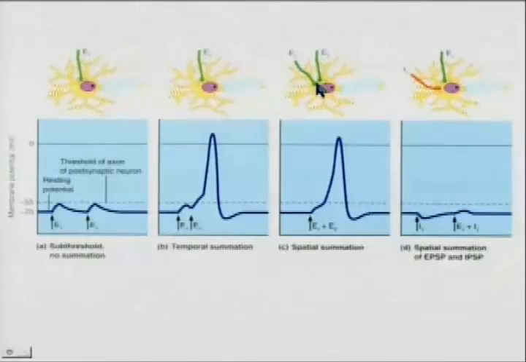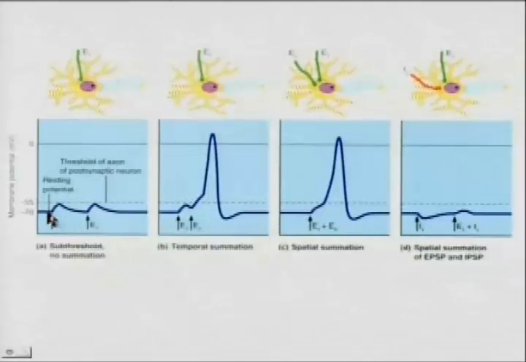In this case we're looking at an excitatory input and an inhibitory input onto the soma. So we see with this time separation, and of course time is on the x-axis and membrane potential in millivolts is on the y-axis, resting membrane potential at minus 75, threshold at minus 55.